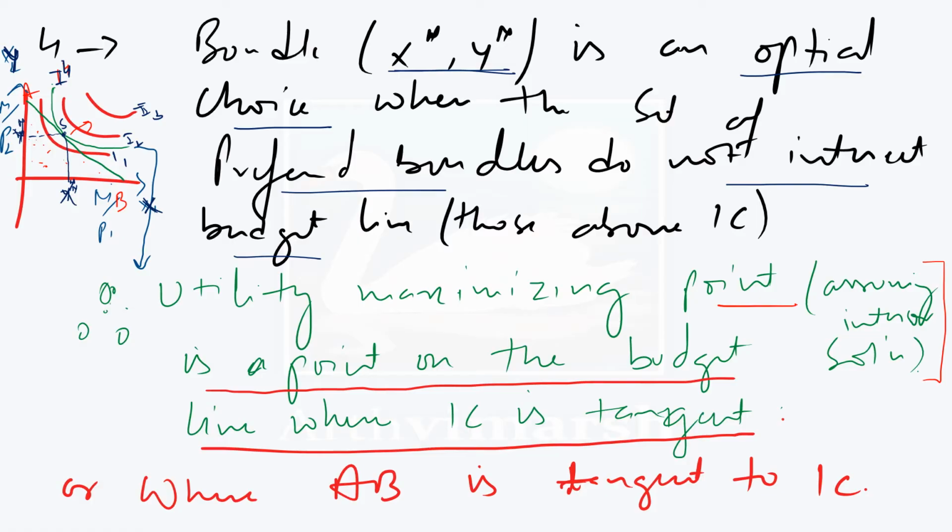Because it's not in line with what ought to be the optimal point given our assumptions, because he always prefers more. So it's a point where we observe a tangent between the budget line AB and the indifference curve I4.